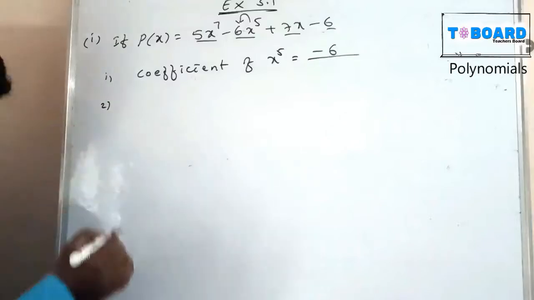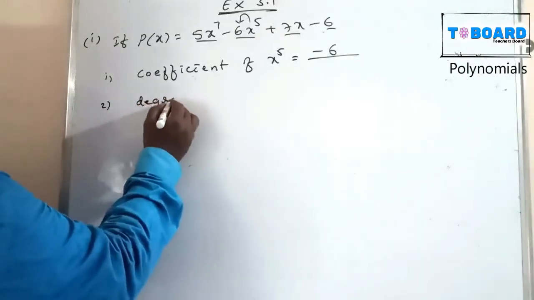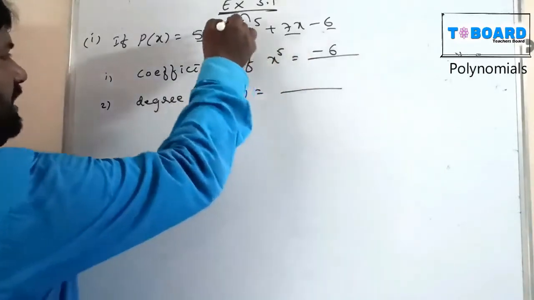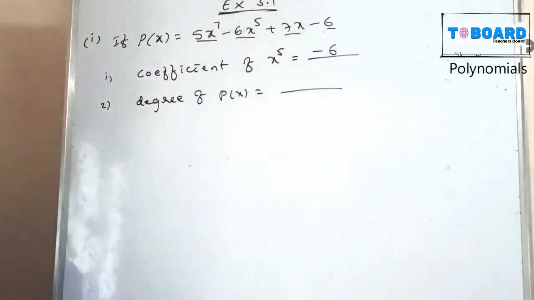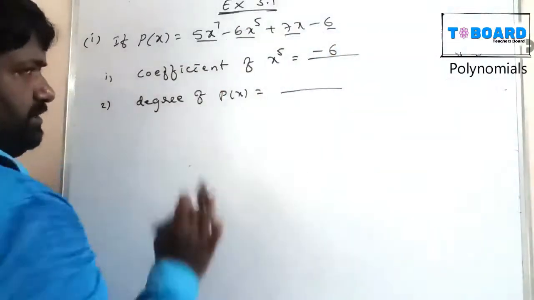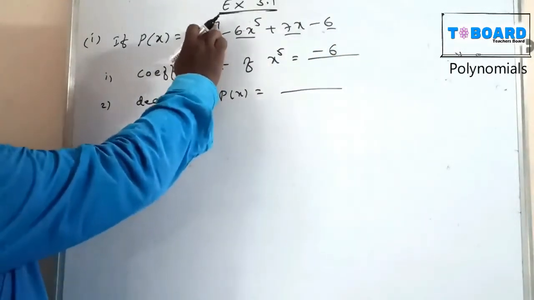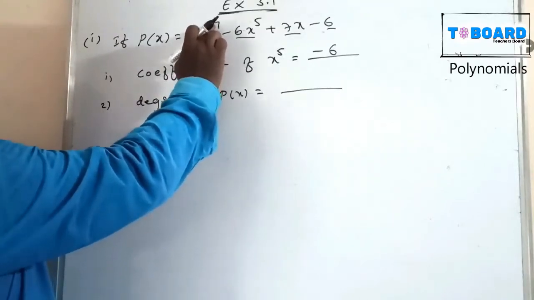And second question, degree of p of x. Degree means the highest power of x. In this given polynomial there are total 4 terms. In the first term, 5x power 7, the power of x is 7.